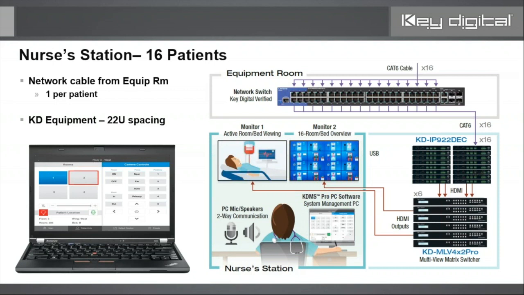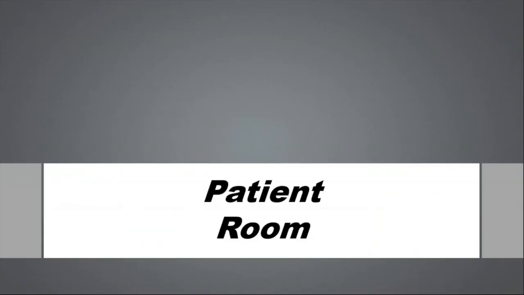But then the 5th multi-viewer allows us to create one screen of all 16 views. And the 6th multi-viewer is what allows us to have seamless full screen switching to have a full screen view of your selected patient.